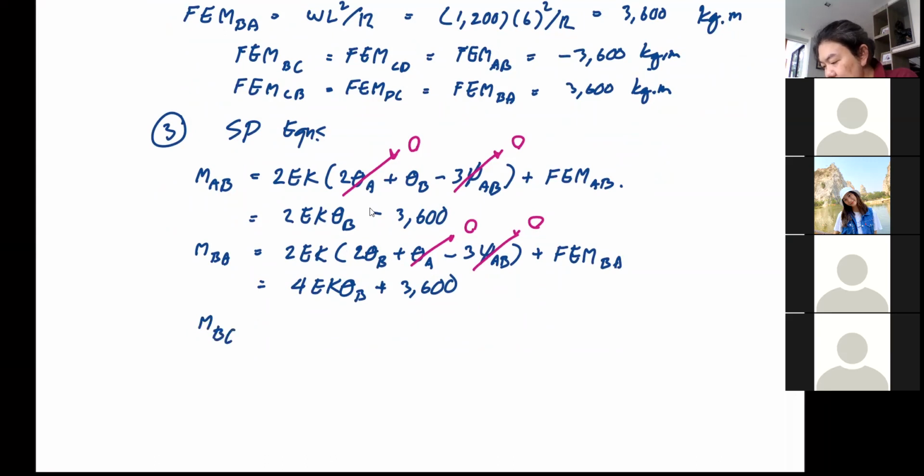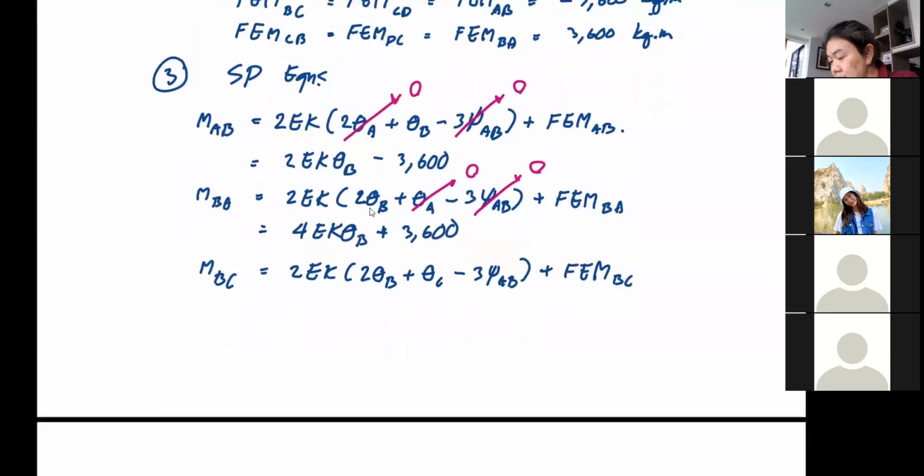Now we move on to the second member, MBC. The K is the same, so it's 2EK, 2 zeta B plus zeta C, and then minus 3 psi AB plus FEM BC.